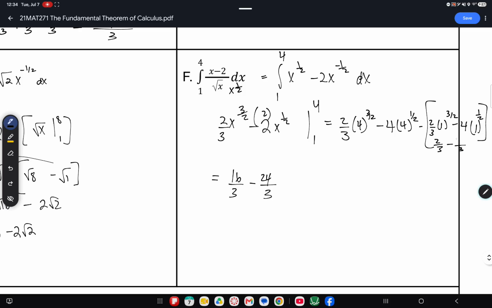So let's make that 12. So let's see, 2 minus 12 is negative 10/3. But I'm subtracting that whole quantity off. So really we will add 10/3. So then 16 minus 24 is negative 8. Negative 8 plus 10 is 2. So we get 2/3.